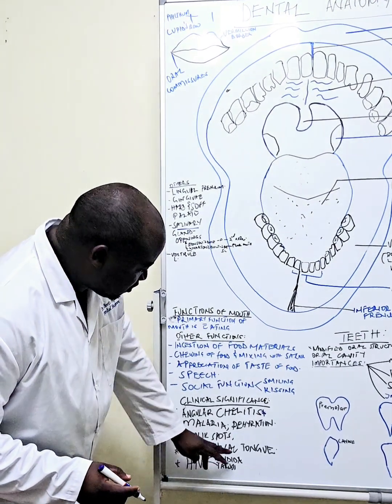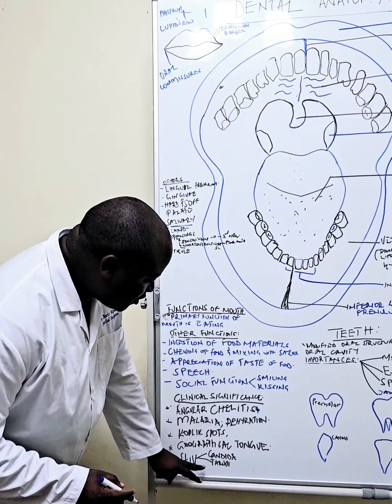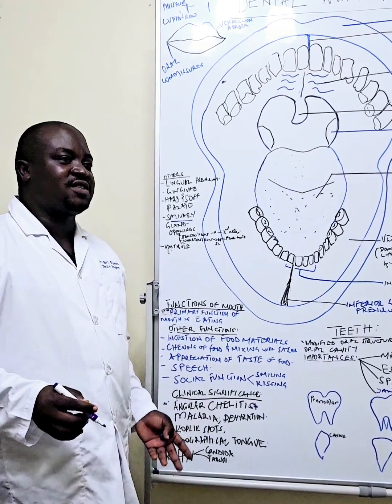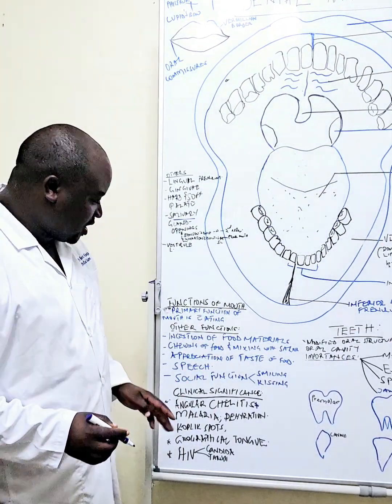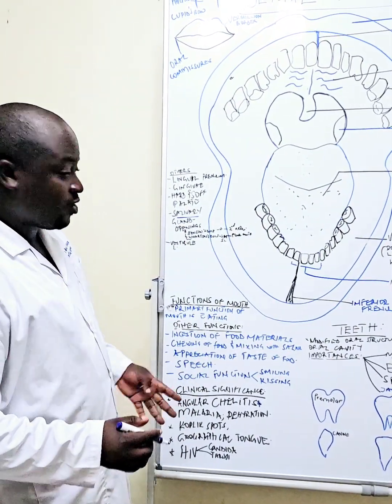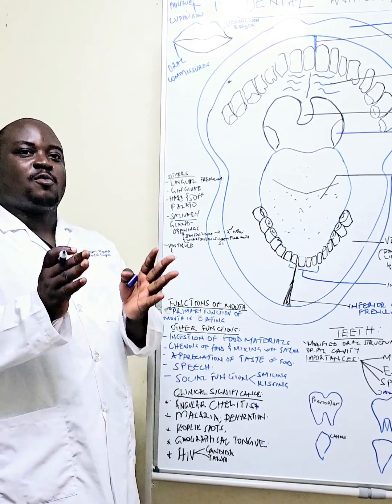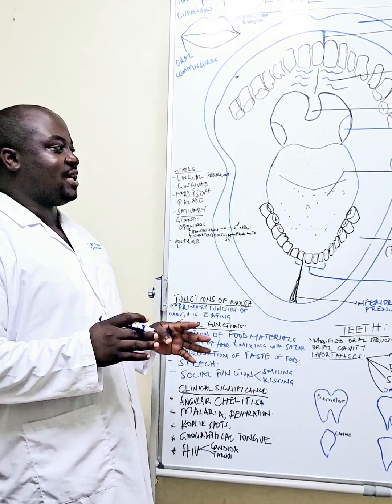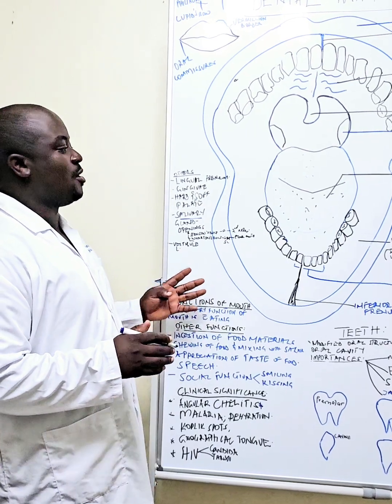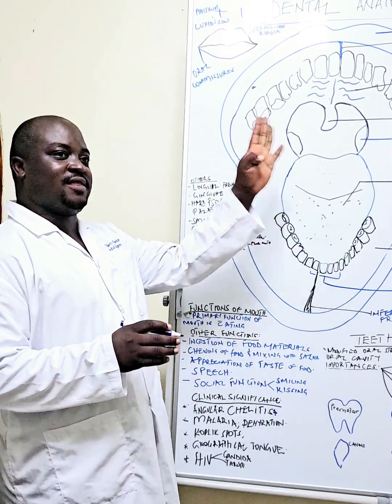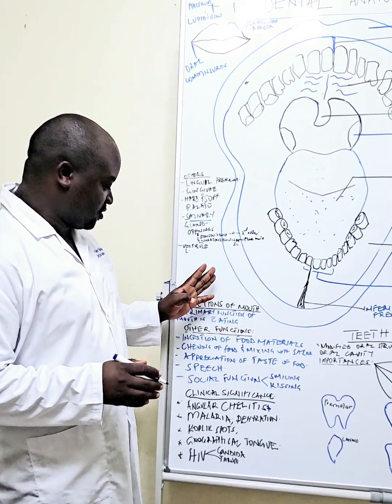We can have geographical tongue, as I've talked about. Then you can also have some oral manifestations of HIV. For example, if someone has oral thrush, you need to know the normal oral cavity, so that you are able to know that this is normal and this one is not normal, what I'm seeing.